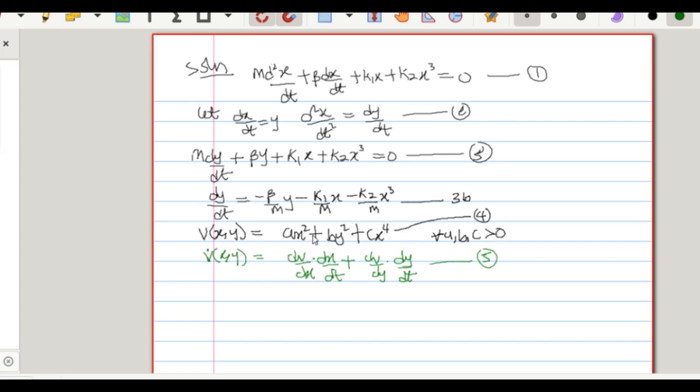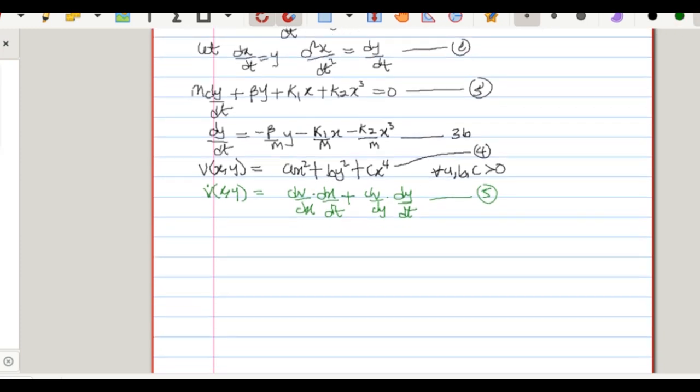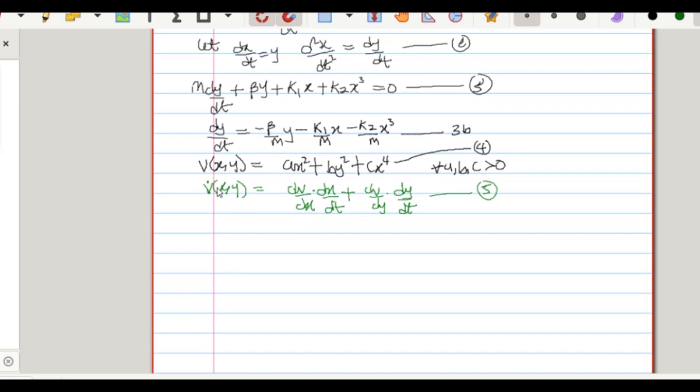Now let's come back to equation 4, which is V. If you differentiate it, dV over dx is going to give us 2ax plus 4cx to the power of 3.